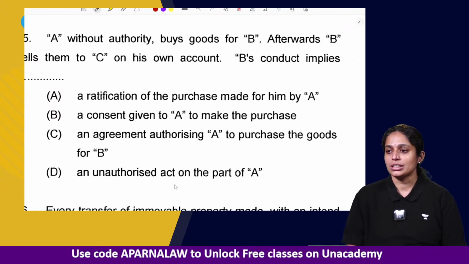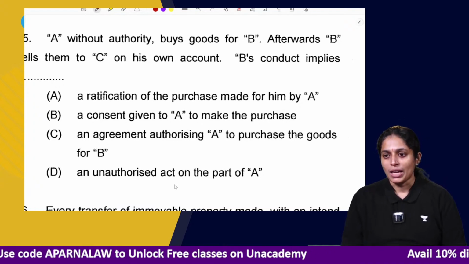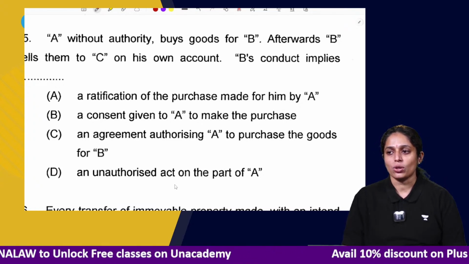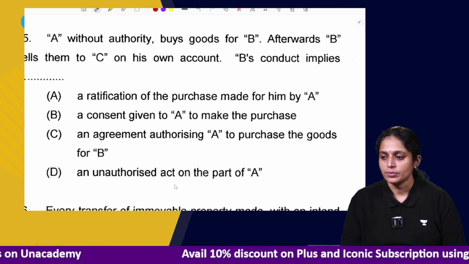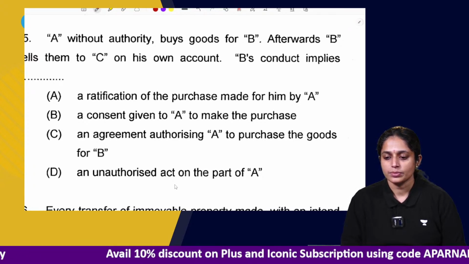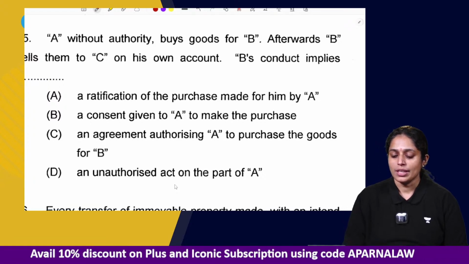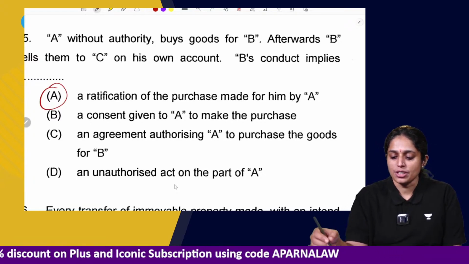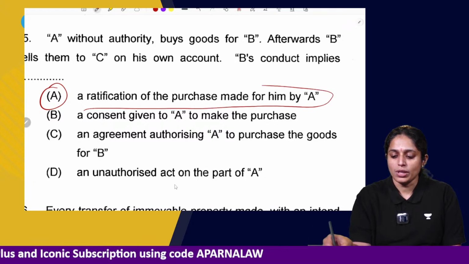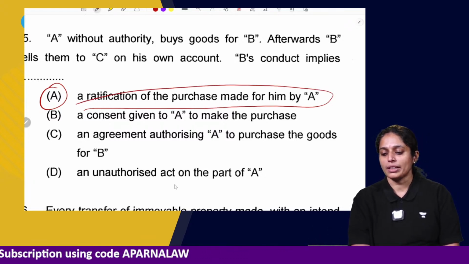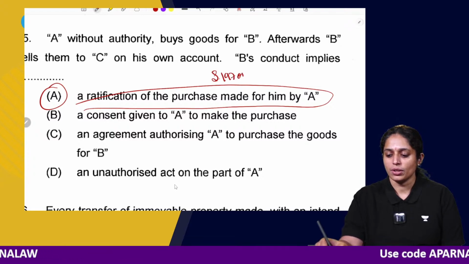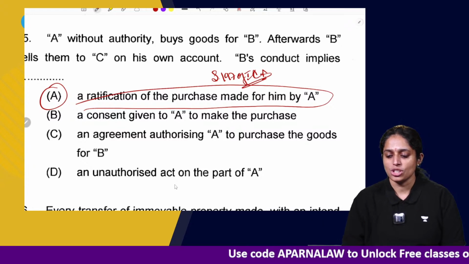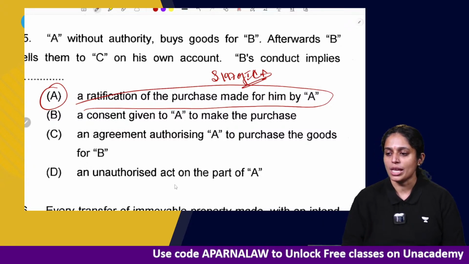C, an agreement authorizing A to purchase the goods for B. And D, an unauthorized act on the part of A. Yes, it is a ratification. It amounts to ratification of the purchase made for him by A as per section 197 of the Indian Contract Act. There is an illustration according to that. The same illustration has been provided.